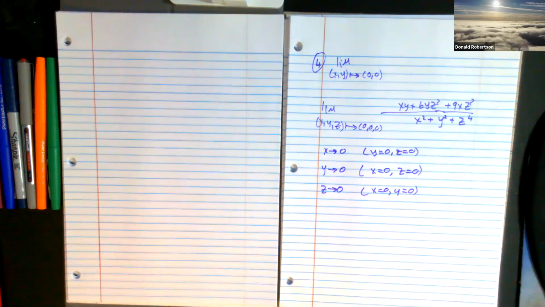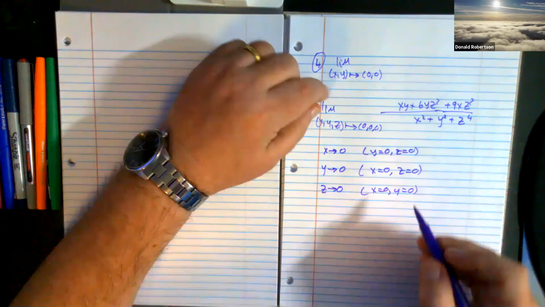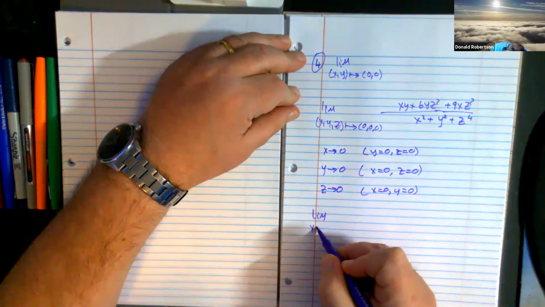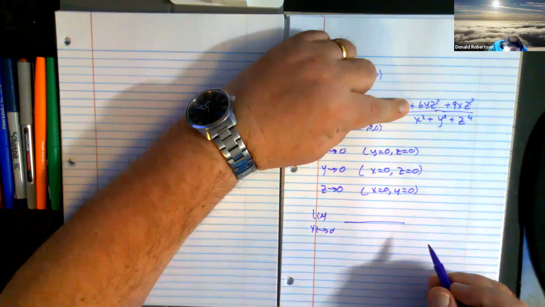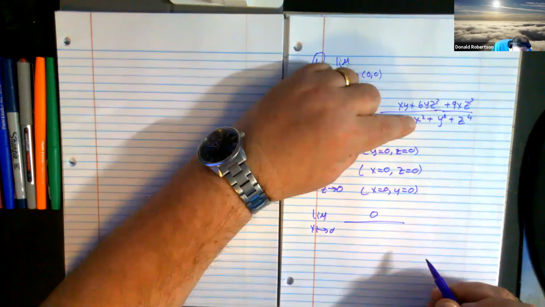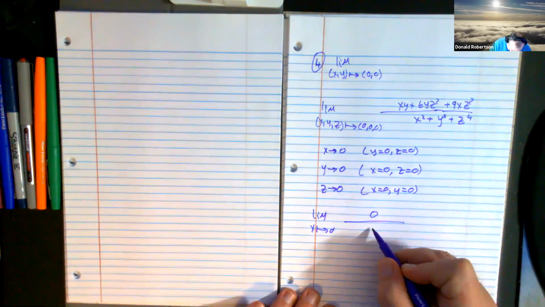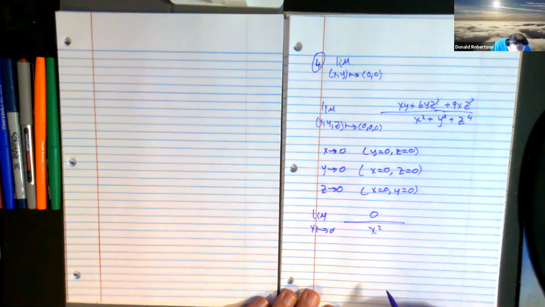If you make y 0 and z 0, this becomes the limit as x tends to 0. Right, if you make y 0 and you make z 0, you get 0 on the top. And if you make y 0 and you make x 0, you get 0 over, what do you get here? 0 over x squared. Agreed? And that's very problematic.